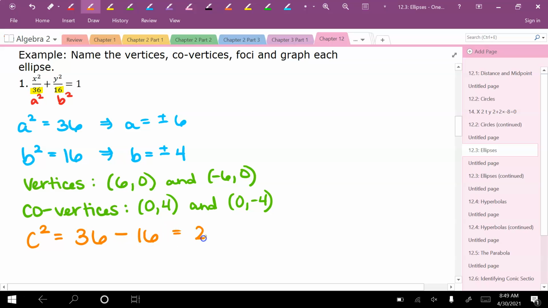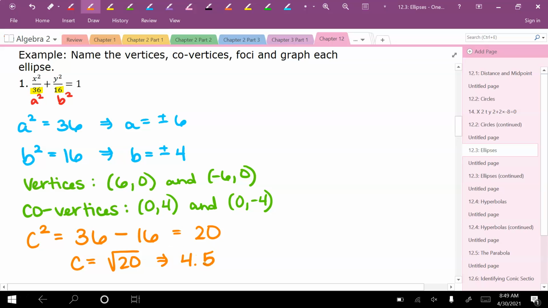And so I get 20 for c squared. So for just c, we're going to square root 20. This is where you're going to get a decimal, so you're going to have to round it. On my calculator, the square root of 20 is 4.47, so I'm going to round to 4.5.